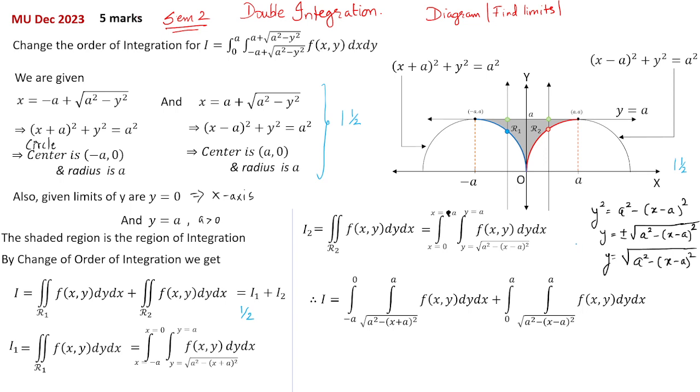Okay, half mark would go for calculation of the y limit, which is a non-trivial limit, and 1 mark would go for finding the final answer. Okay, so all this would give you your final 5 marks.